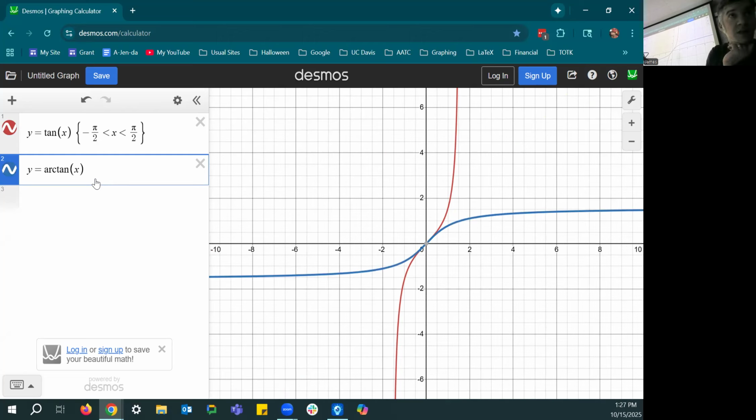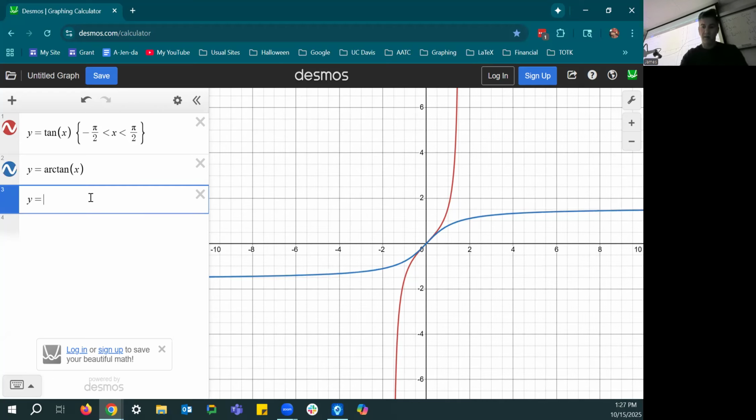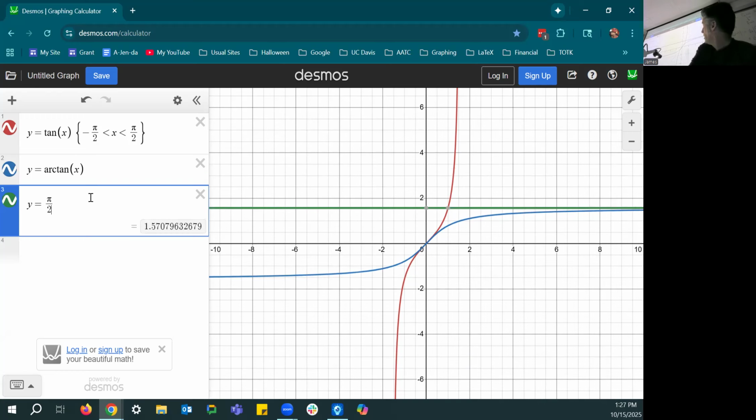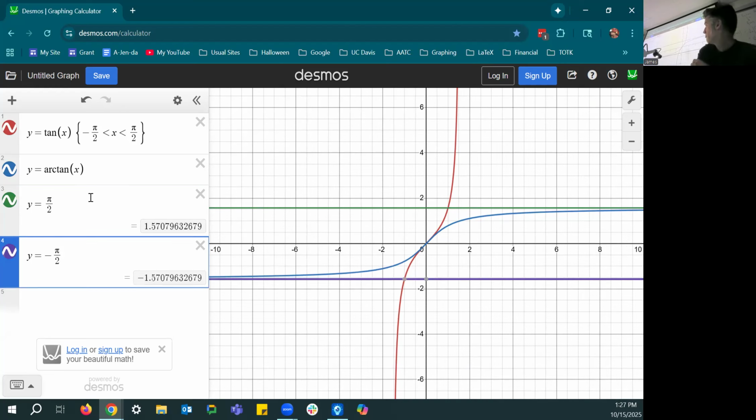Those are inverse functions. And if you go way to the right, just like your vertical asymptote for this red function is x equals pi over 2, this horizontal asymptote for this blue function is y equals pi over 2. And if you go to negative infinity, the horizontal asymptote is y equal to negative pi over 2.